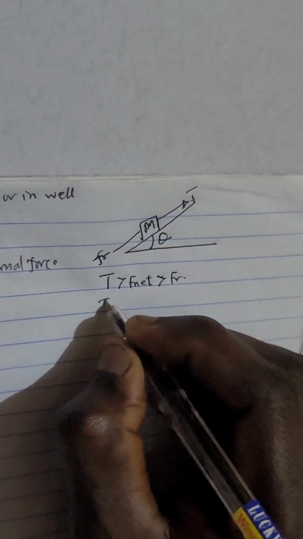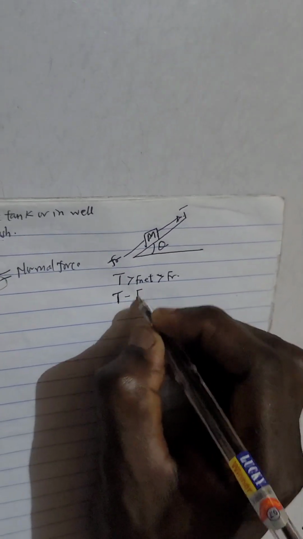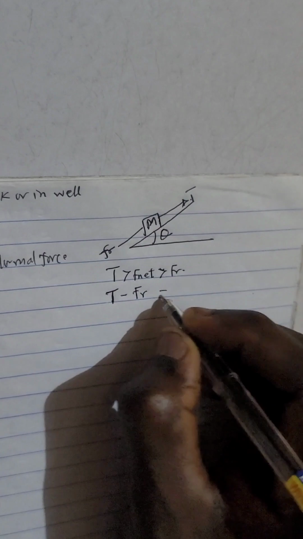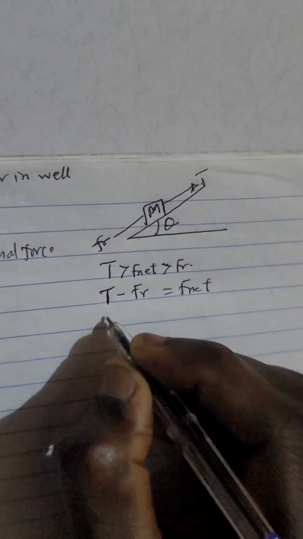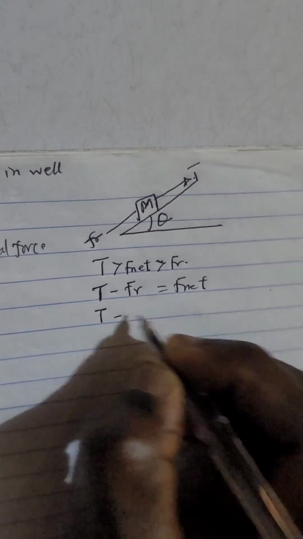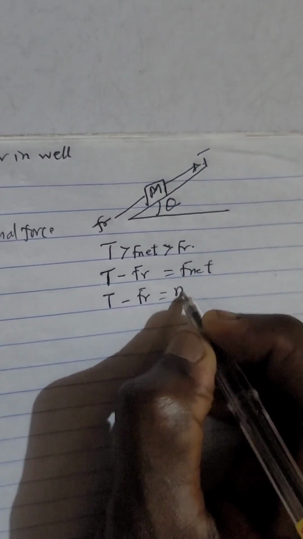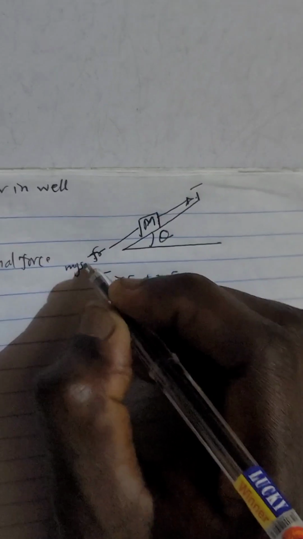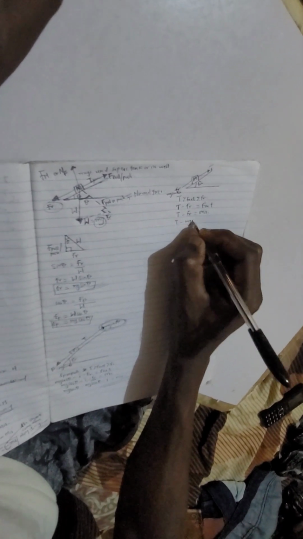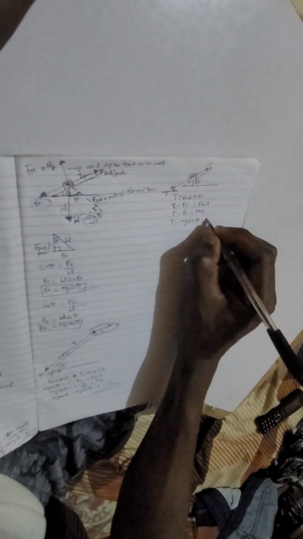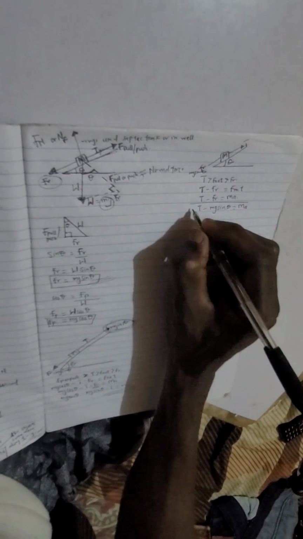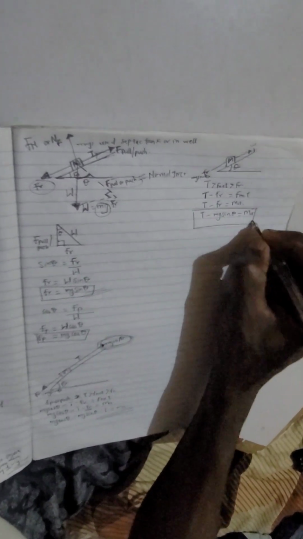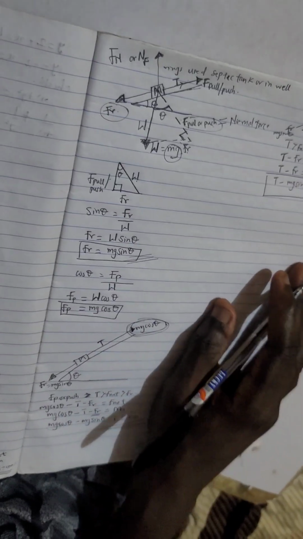It means that T minus frictional force will be equal to net force. What's our frictional force here? Because it has an angle, it will be mg sin theta. So T minus mg sin theta will be equal to ma. That's the rule.